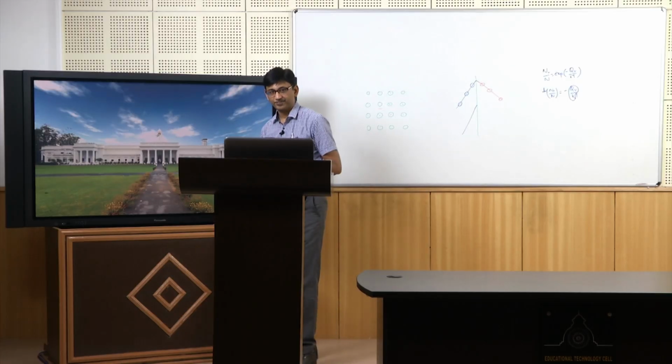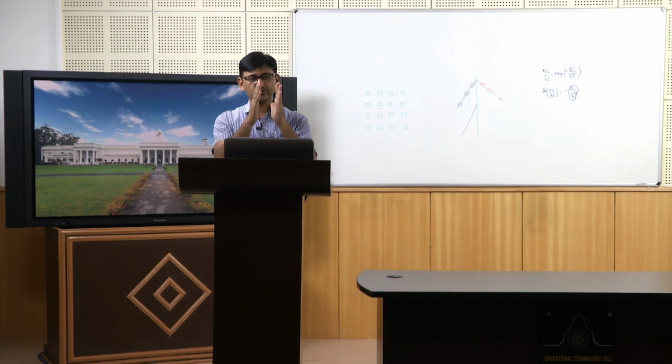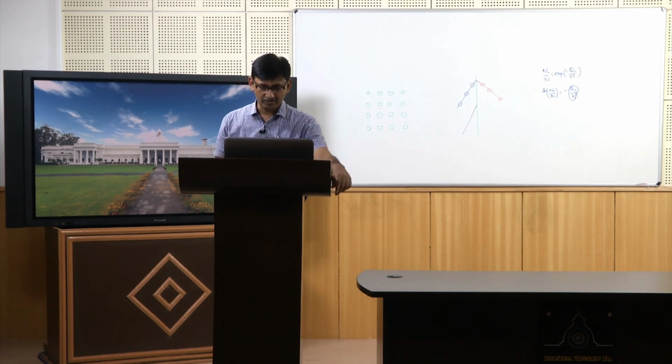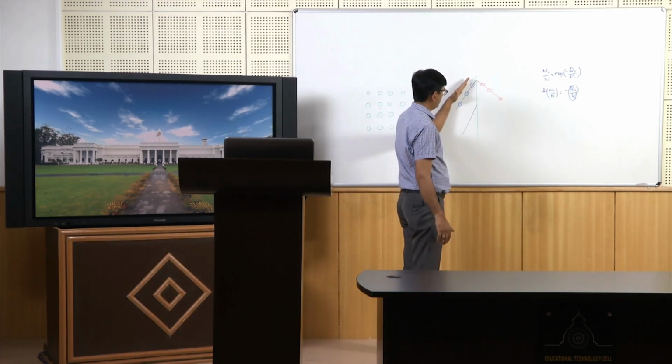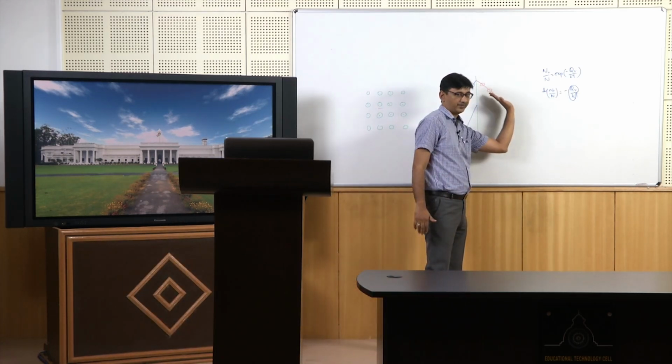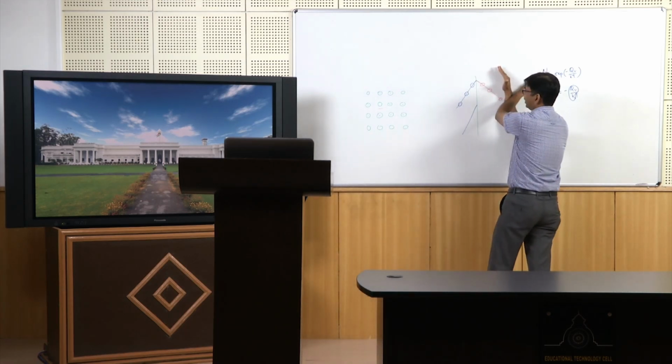Some other properties of twin boundaries are that usually, not always, they occur in pairs. So, there will be two boundaries together, whatever change in orientation is there. You can see that this is one arrangement, and then there is another type of arrangement. When another boundary comes, it will again become the same arrangement as this one.